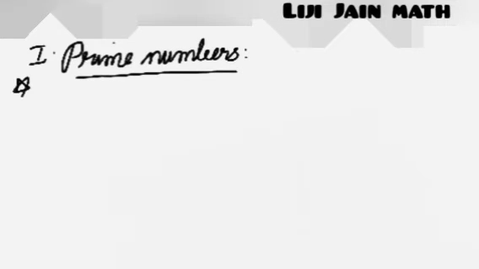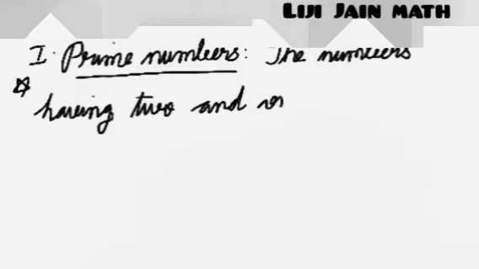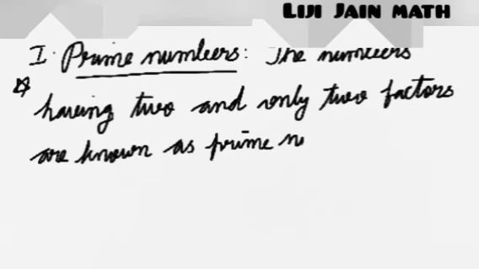What is meant by prime numbers? Numbers having 2 and only 2 factors are known as prime numbers.